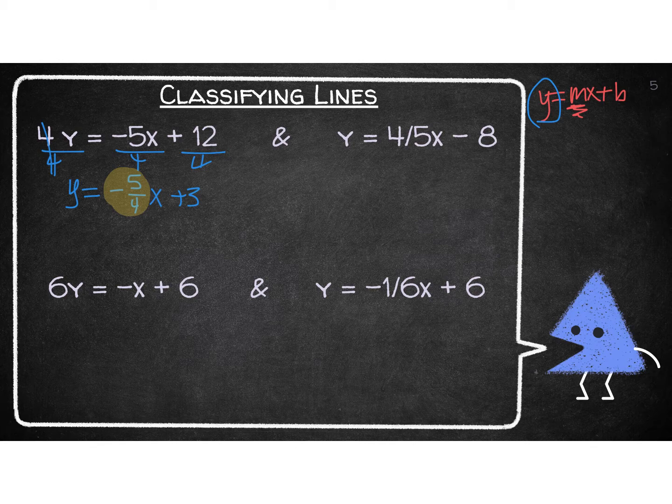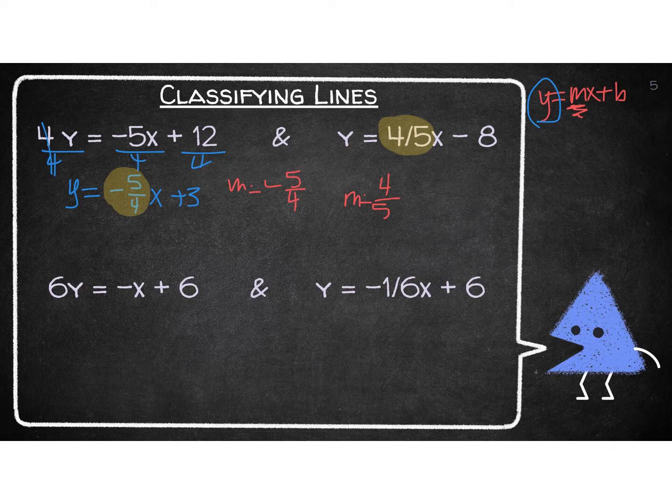And then on the other one, it is already in y equals mx plus b format, so I can just find my slope, being right there before the x, 4/5. So I need to compare negative 5/4 and 4/5 as my m's.